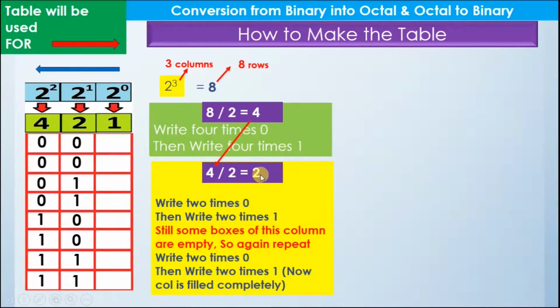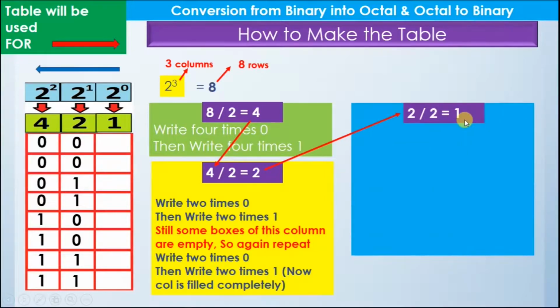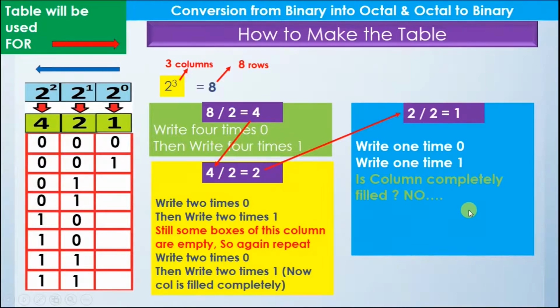Now we take this 2 and again divide it by 2, which is equal to 1. So we write 1 times 0 in the last column, and next we write 1 times 1. Is the column completely filled?